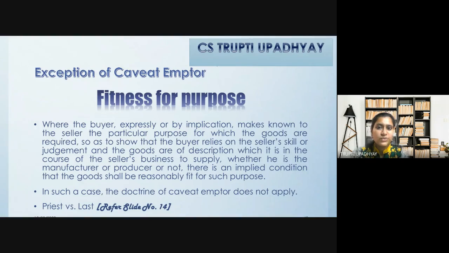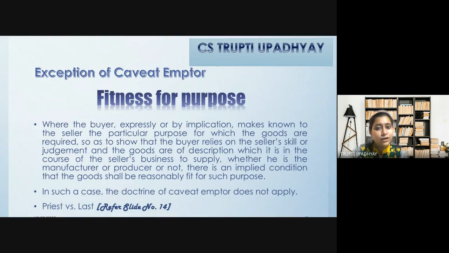In the case of Priest versus Last, a buyer bought a hot water bottle from the chemist, and the bottle's quality was not fine and it was not fit for the purpose, because when the water was filled in, it burst and injured the wife of the buyer. Here, the purpose for which the buyer was taking the hot water bottle was obviously disclosed, because the hot water bottle will be used for medical use. So, the purpose was known to the seller.